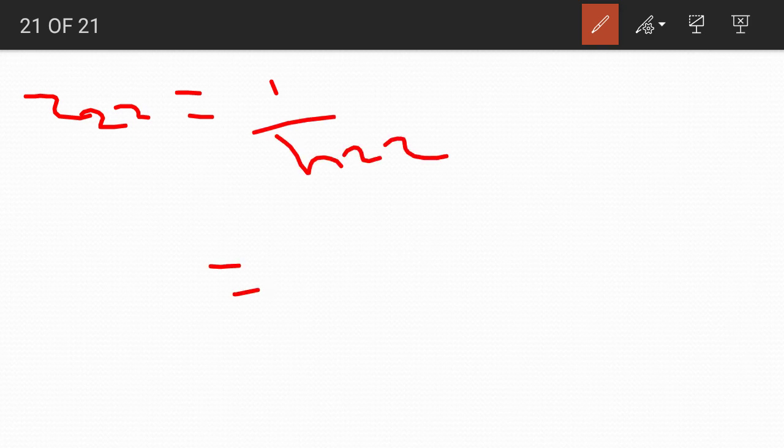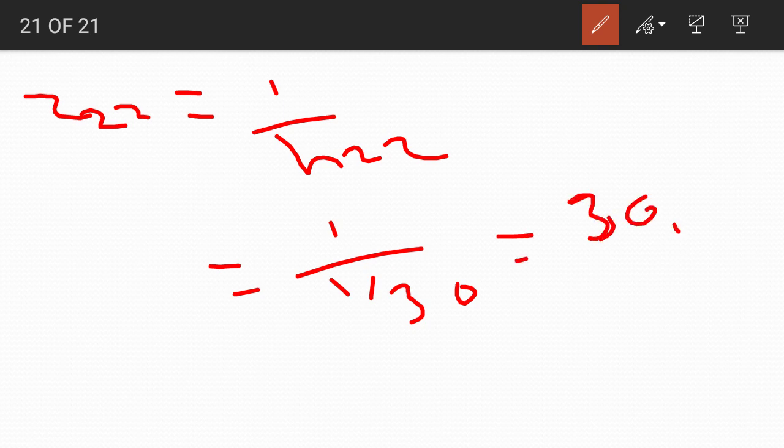Next is Z22. Z22 is equal to 1 upon H22. Value of H22 is 1 upon 30. So value of Z22 is 30 ohm. This is the procedure of finding Z parameters in terms of H parameter.